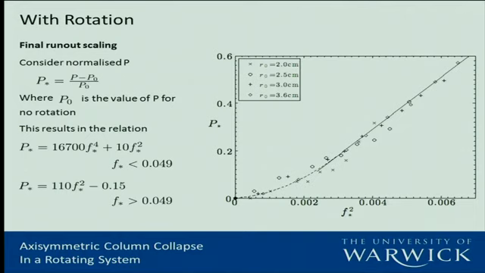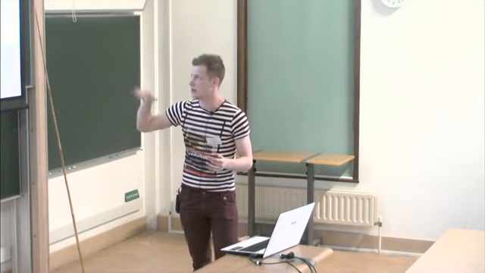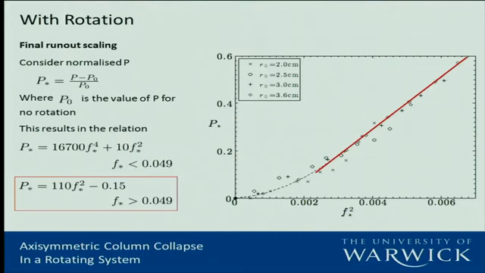And so when the centrifugal forces aren't particularly strong, we don't have too much going on here. We have a slight increase in this gradient, but then when it begins to dominate, it falls to this F squared relation.